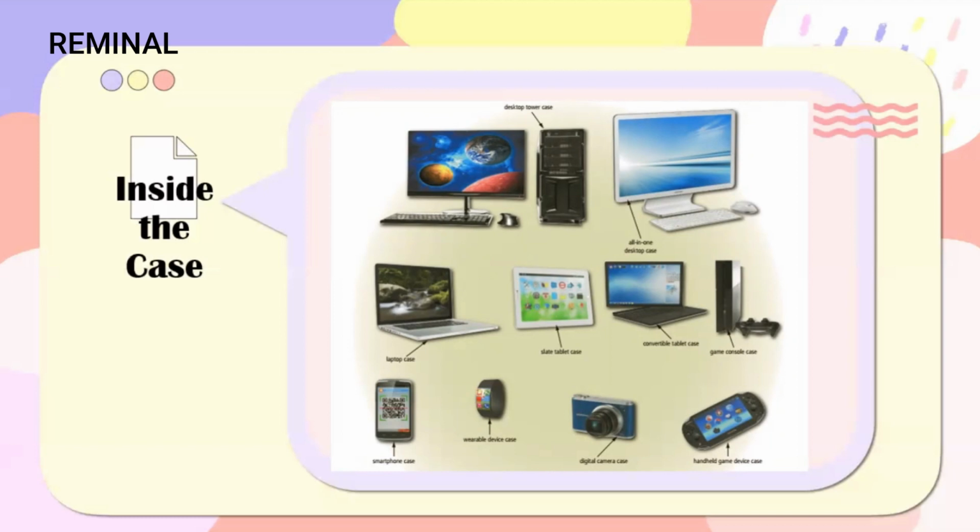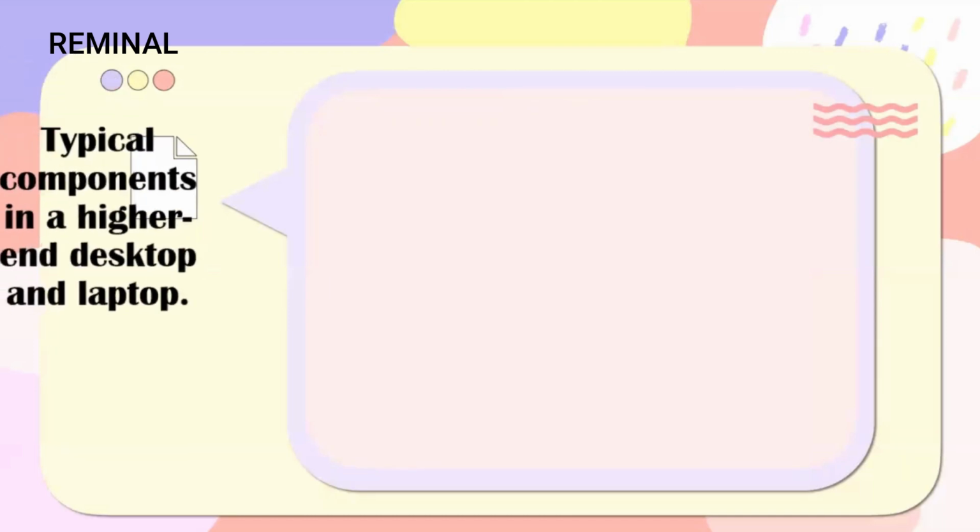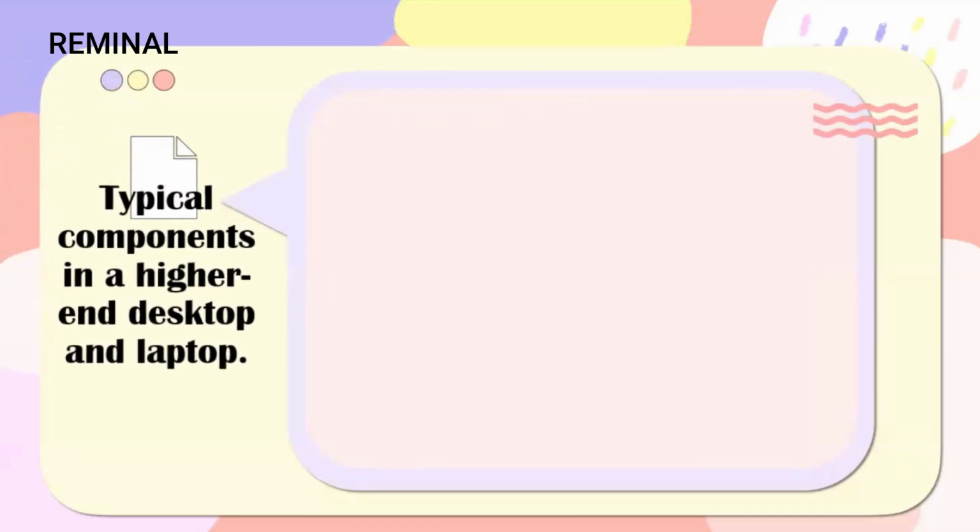Slate tablet case, which makikita na naman natin na nasa likod rin siya ng screen nakalagay. Same with smartphone case and handheld game device case. And last, convertible tablet case, game console case, wearable device case, and digital camera case, which is halos nasa likod lang rin nakalagay.